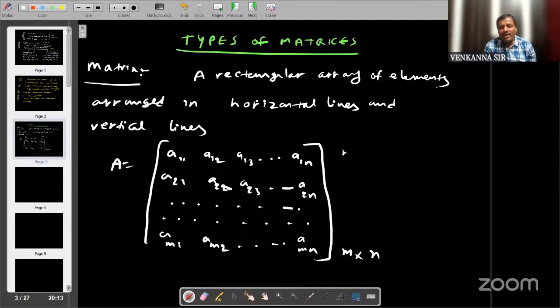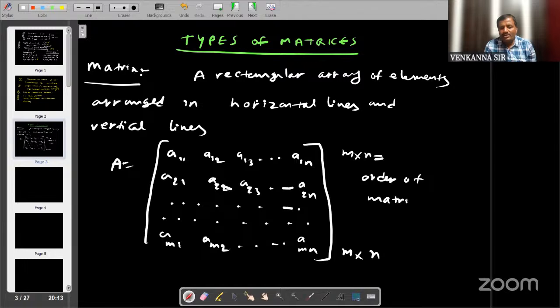This m by n is called, what is the name of this m by n? Can anybody guess? You can type now. It is the order of the matrix.